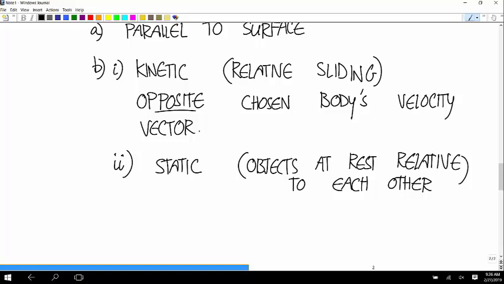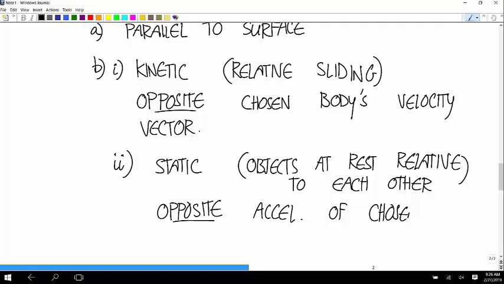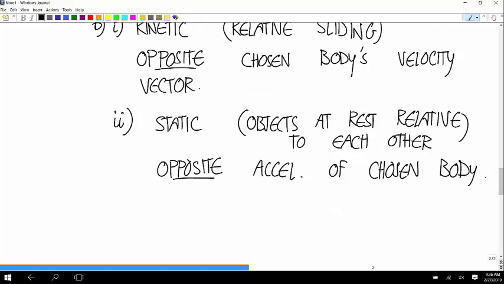In that case, the friction force is opposite the acceleration of the chosen body that would occur without friction.